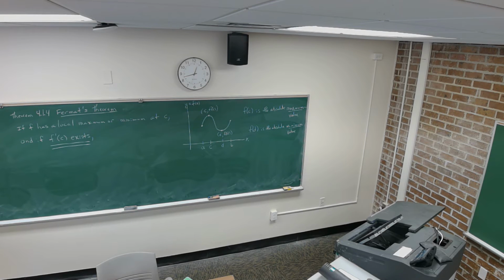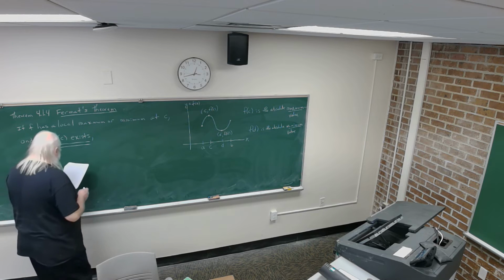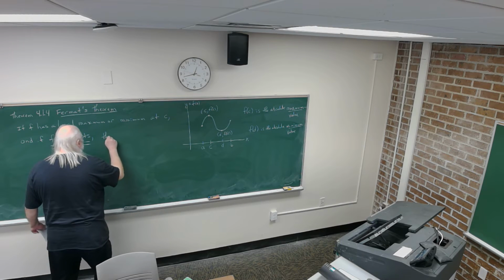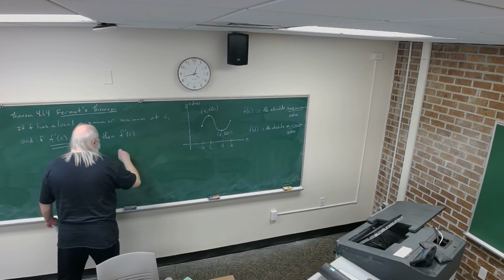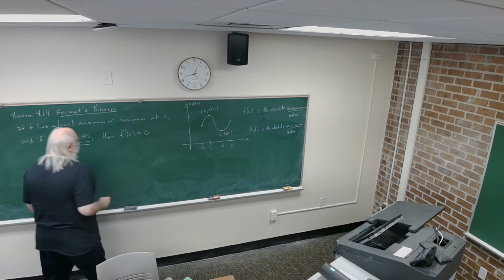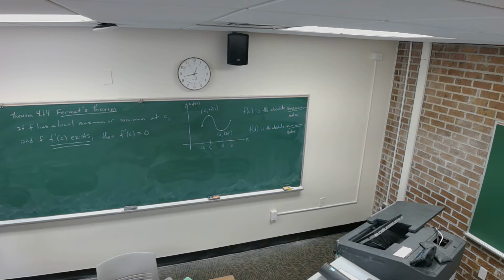You know that the derivative for some functions doesn't exist at some values of x. And if f prime of c exists, then the value of the derivative at x equals c must be 0.